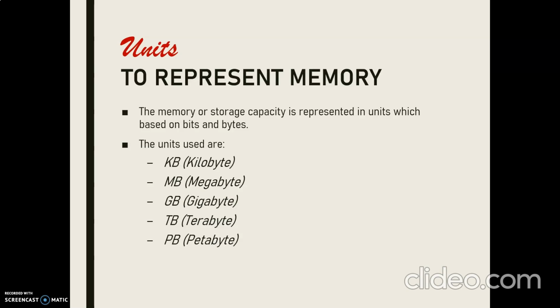Now we are going to look at the units to represent memory in computer. We have units for everything. For example, we have the unit kilogram to represent weight. Now we are going to have units like kilobyte, megabyte, gigabyte, terabyte, petabyte, and more to represent the memory or the storage capacity in computer.